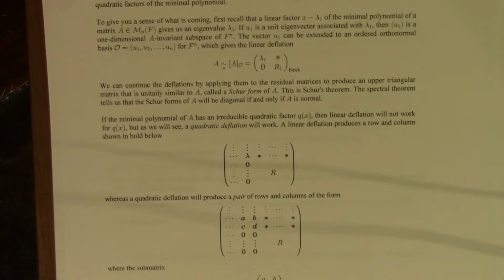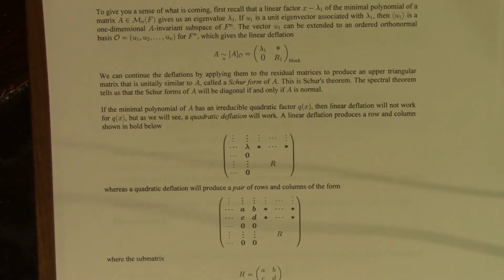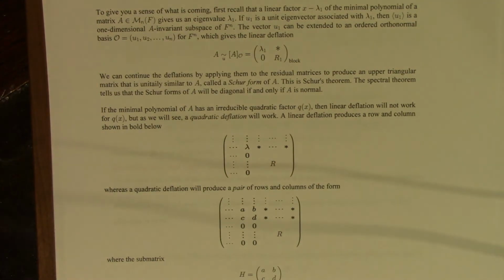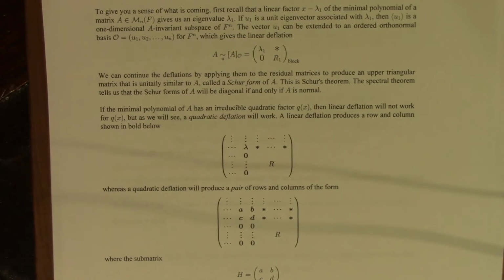If the minimal polynomial of A has an irreducible quadratic factor, which I'll call Q of x, then linear deflation will not work on Q of x. But as we will see, there is a quadratic deflation that's not that much more complicated and that does work.